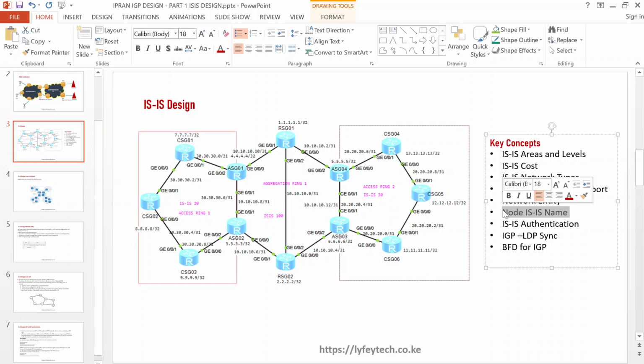Then authentication. For security purposes, it's also a best practice to configure ISIS authentication. You can configure it globally, or you can configure it on each and every interface.